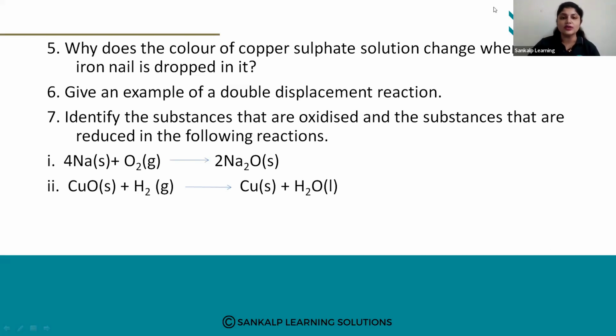Okay, so how does this reaction take place? I'll write the equation. Fe, you're dipping the iron in the copper sulfate solution, that is CuSO4, giving you FeSO4. The reason is that iron is more reactive than copper.